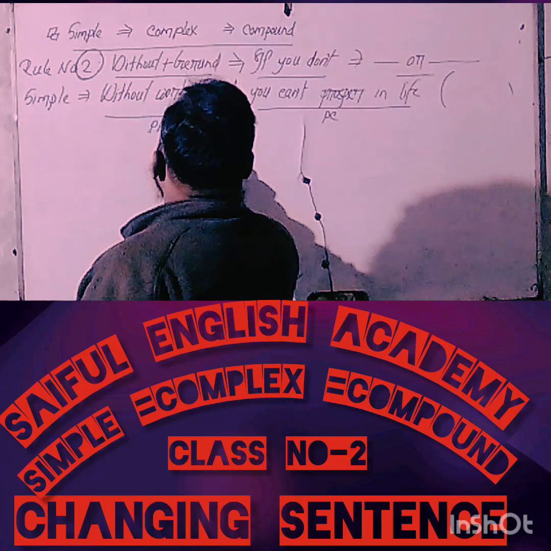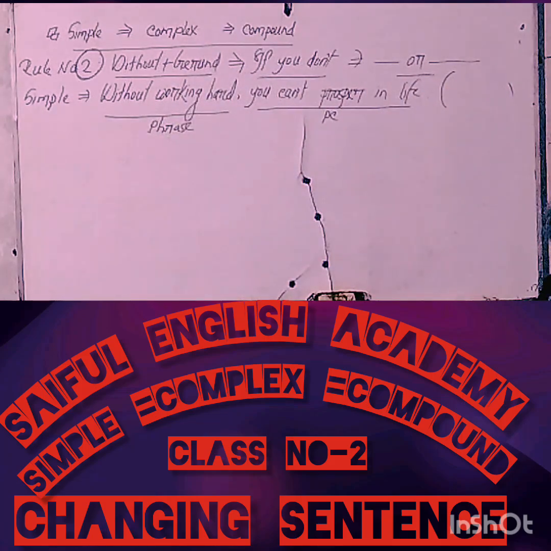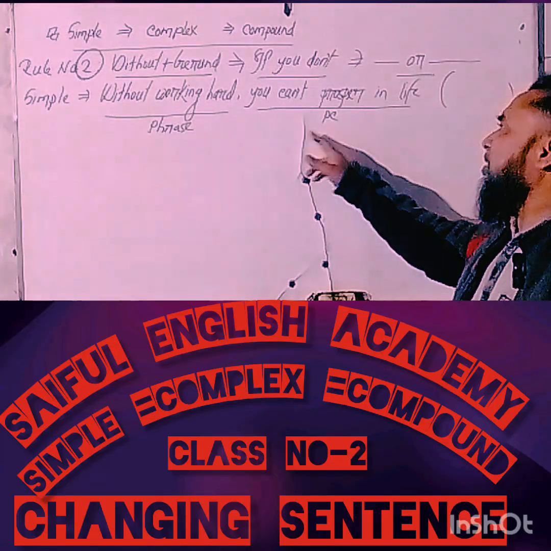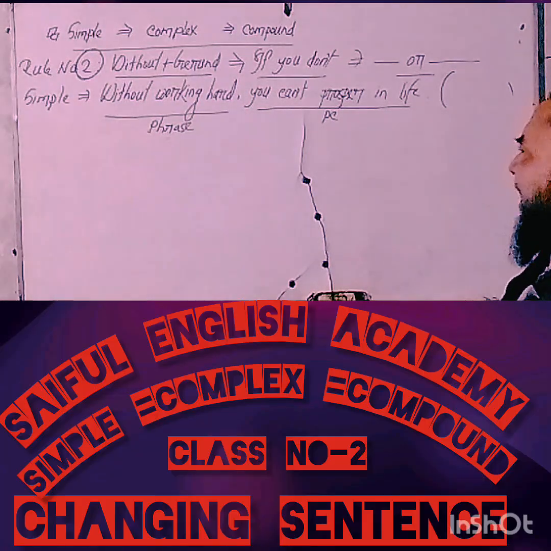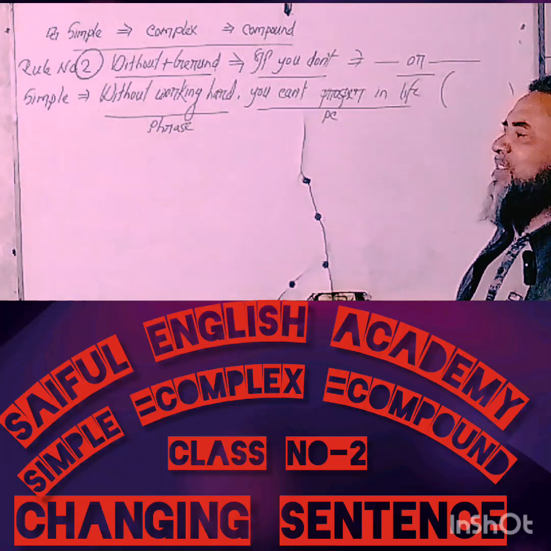In my previous class you were told about the definition of a simple sentence: a simple sentence is a type of sentence which has at least a principal clause, and sometimes it may have phrases or not. In this sense, we can consider this sentence a simple sentence.